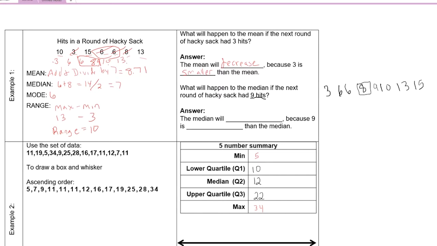So now what happens to the median? 3, 6, 6, 8 is now below, and 9, 10, 13, 15 above. So we have to add the 2 numbers in the middle and divide by 2. So 8 plus 9 is 17, divided by 2 is 8.5. So the old median was 8, and it is now 8.5. So that means the median will increase because 9 is larger than the median.